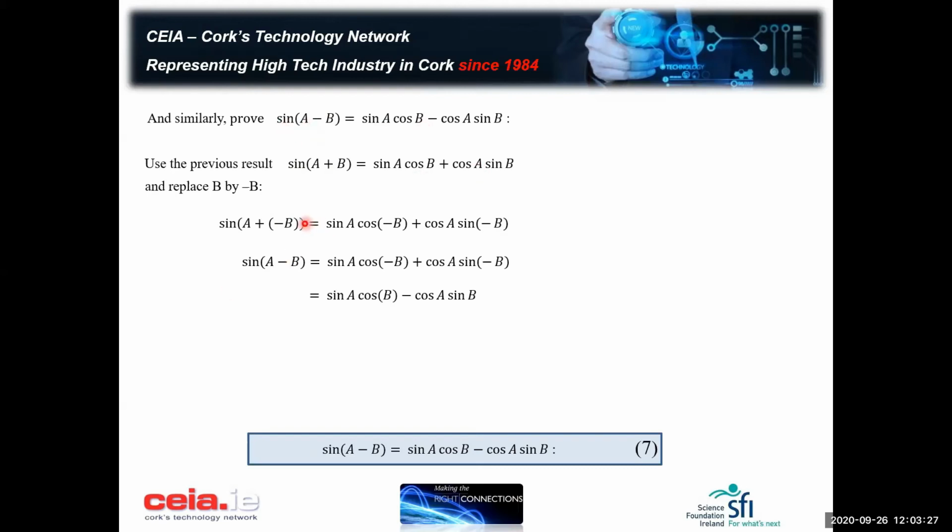When you substitute minus B for B, the cosine doesn't change, but the sine changes to a negative sign. So you end up with sine A cos B minus cos A sine B. And that's the fourth of those compound angle formulas.